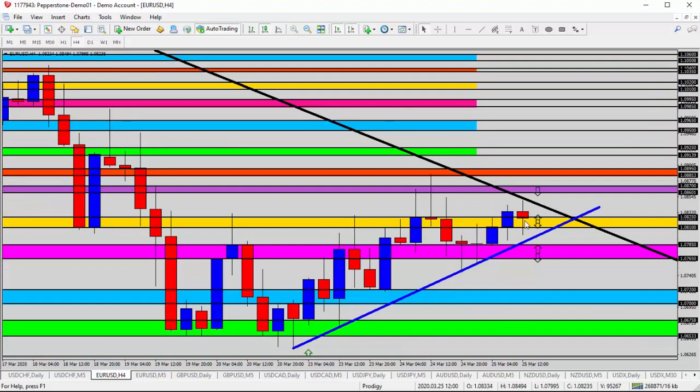I haven't entered it yet, so I'm looking for the trigger, the signal to buy above 1.0825. It may not come, and the trigger for that will be what our volume's doing, which we'll look at later on in the trade room. If the trigger for buying above 1.0825 doesn't come, selling back below 1.0810 may be the opportunity for the continuation of the long-term downtrend for the euro dollar.